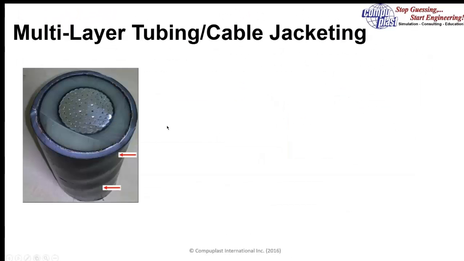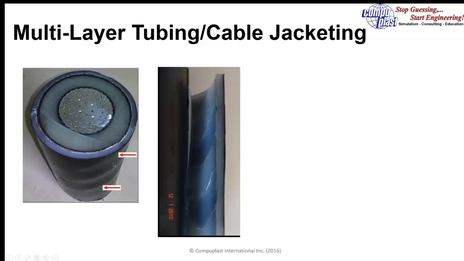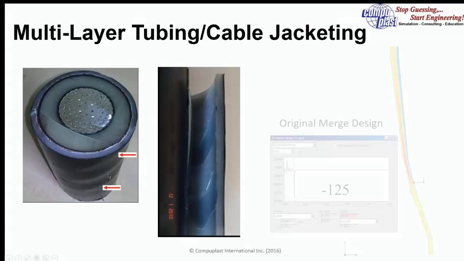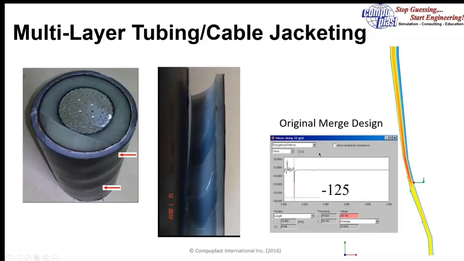A similar problem occurs in tubing or cable jacketing, but it's a little bit reversed here. In this case, they had these waves that they were observing in their product, which made it unsellable. And when we analyzed the merge region, we found that instead of having a high elongation rate, they had a very strong negative elongation, which means a compression, a slowing down.